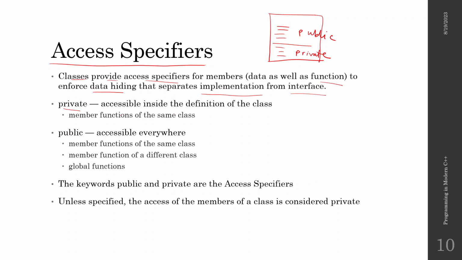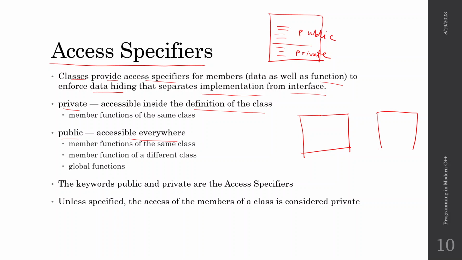The private data members are accessible inside the definition of the class, and public means accessible everywhere. So the member functions of the same class can access these data members.